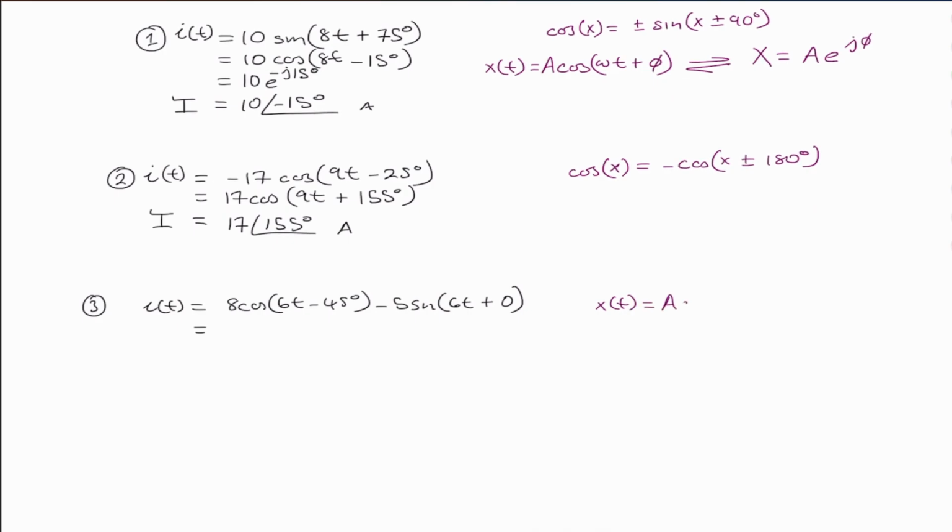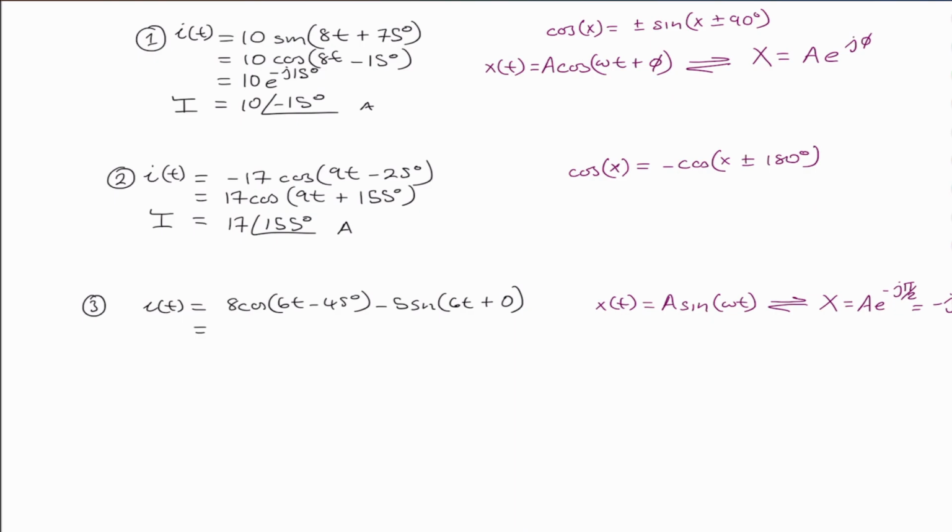a sine of omega t, and we can transform that into the phasor domain. We end up with the phasor counterpart X equals A times the complex exponential e to the j pi over 2, which is equal to minus j times the magnitude.